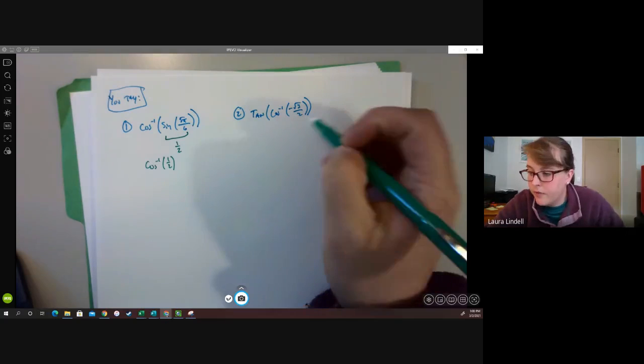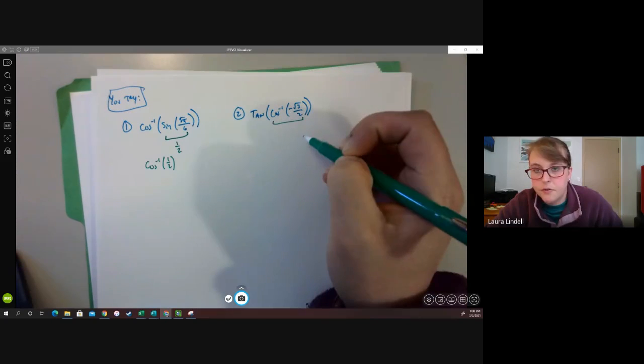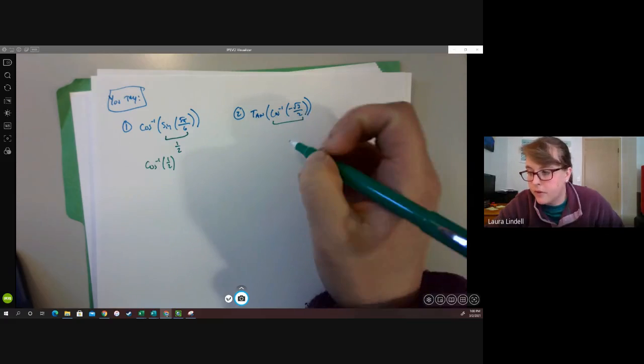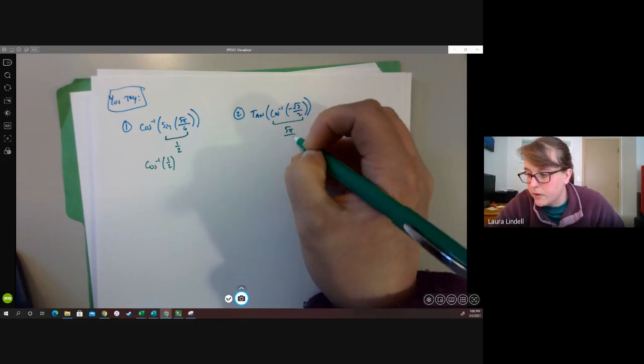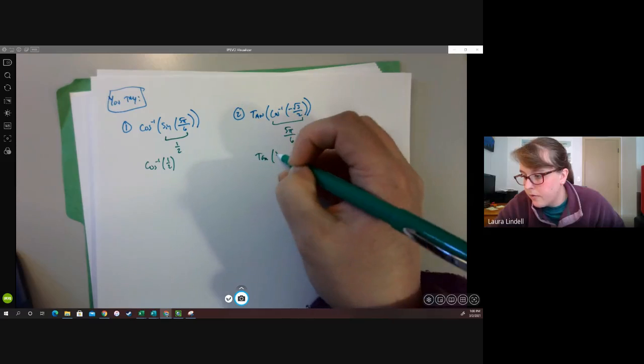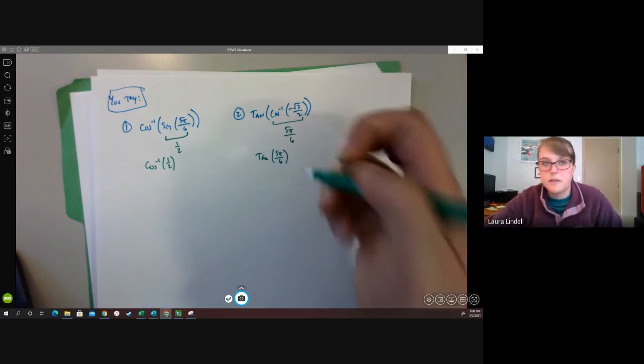And then cosine inverse of -√3 over 2. Well, the place where cosine is -√3 over 2 is at 5 pi over 6. So then we want tangent of 5 pi over 6.